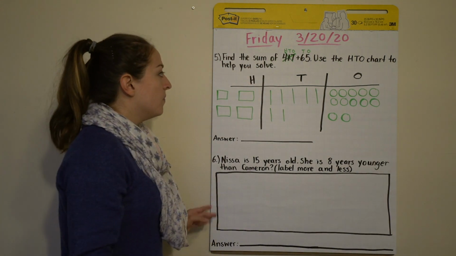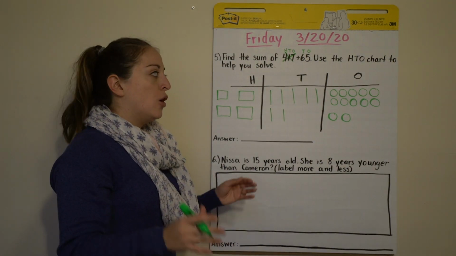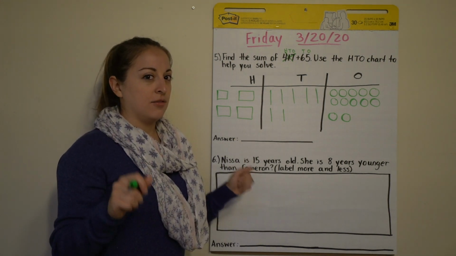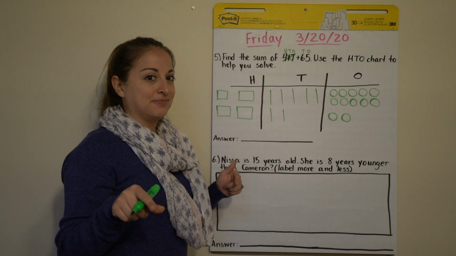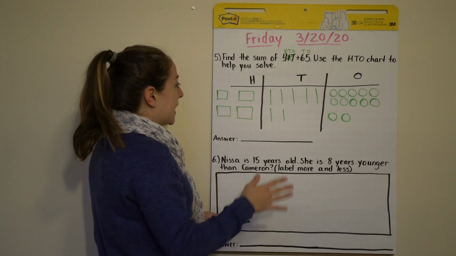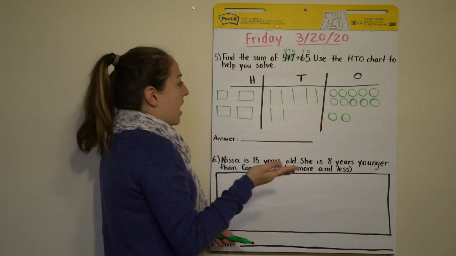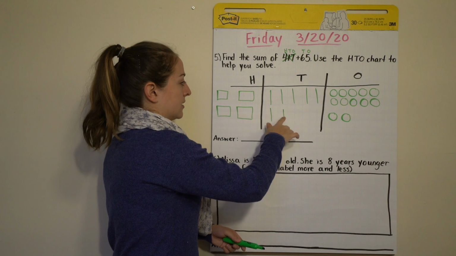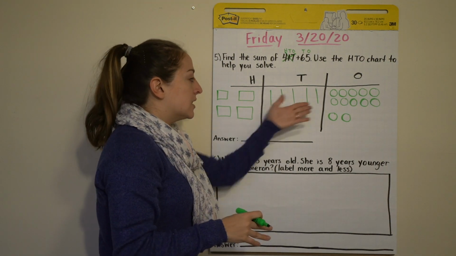Okay. So before I label, what do we have to do before I even label? What should we check? If we can what? Regroup. Okay. So I'm looking at my tens, and I don't think I have 10 tens. 1, 2, 3, 4, 5, 6, 7. Okay, I only have 7. Let's look at the ones.